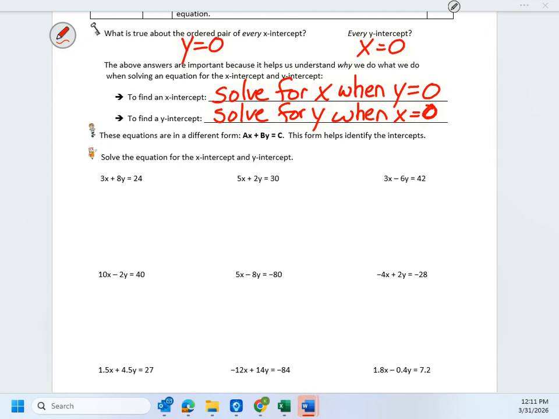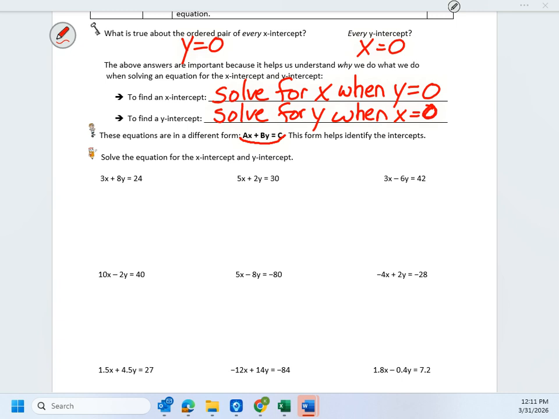So these equations are in a different form. It's called the standard form. AX plus BY equals C. So this is the standard form. We're going to be working with different equations in this unit. This is one of them.